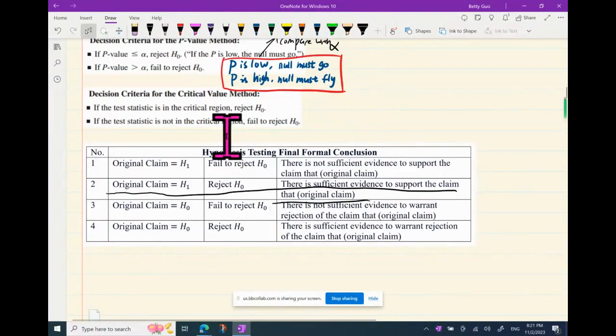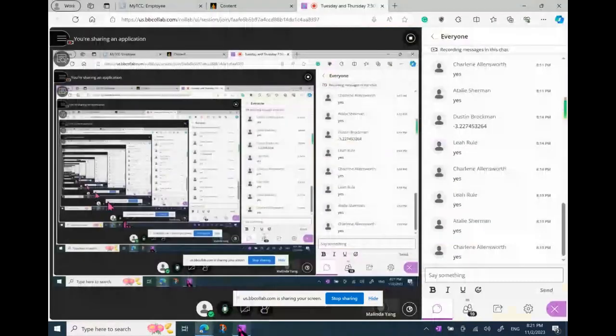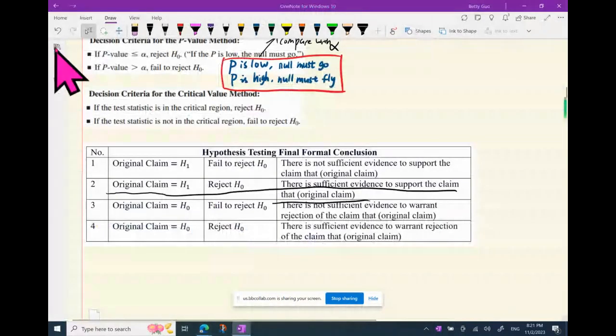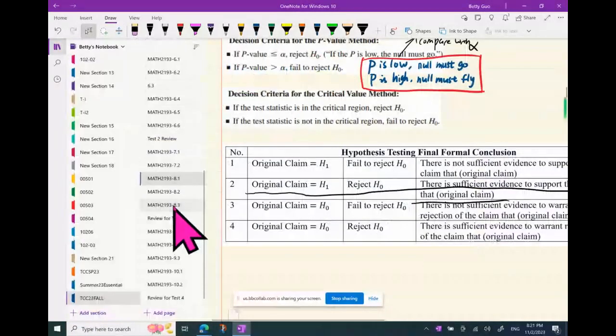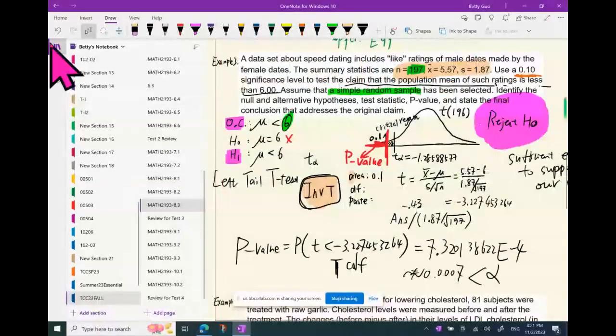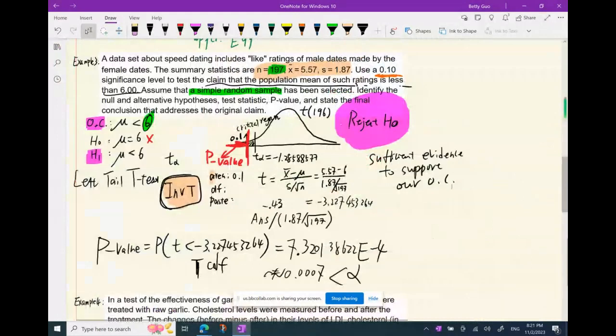And that is the only case in which we say we have sufficient evidence to support a claim. That's the only case. Let's go back, 8.3 here. And that's the whole process.